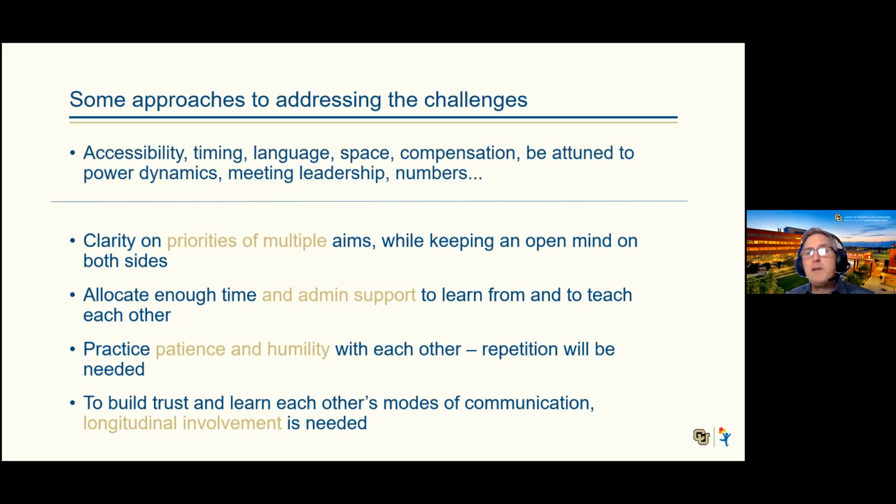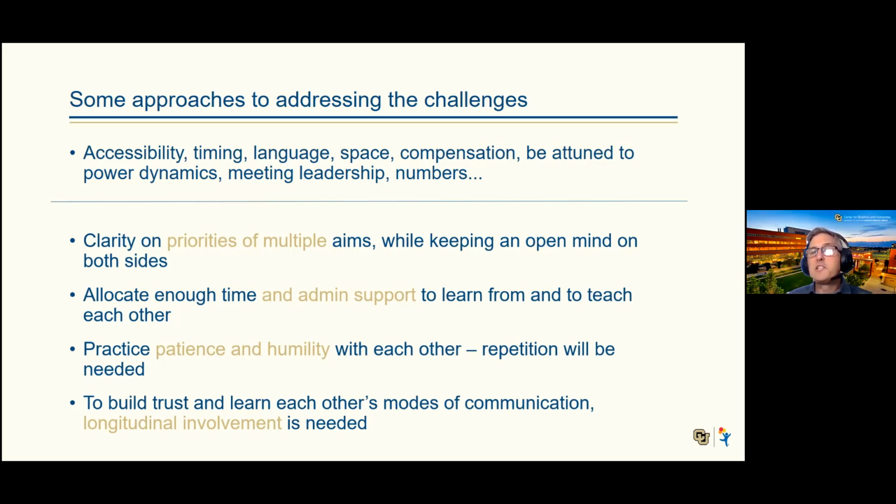Some of those aims may be in conflict with other aims. And being clear about the priority: how important is it that you keep the protocol stringently applied at every site? And how much are you going to allow flexibility before you lose the capacity to actually say, here's what worked, and maybe here's what didn't work?